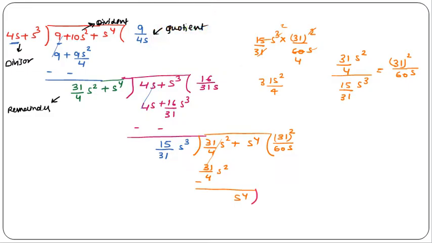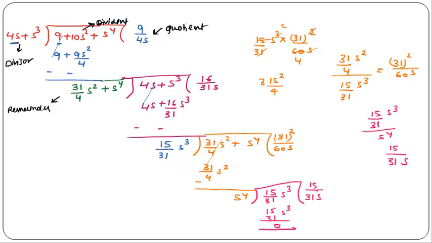Now this 15 by 31 into s cube will become the dividend. Now let us divide 15 by 31 into s cube by s power 4, so this will give 15 by 31 into s. Now if we multiply, the remainder will become 0. So finally we can stop the division as the remainder has become 0.